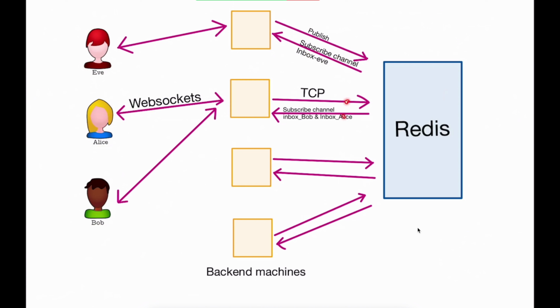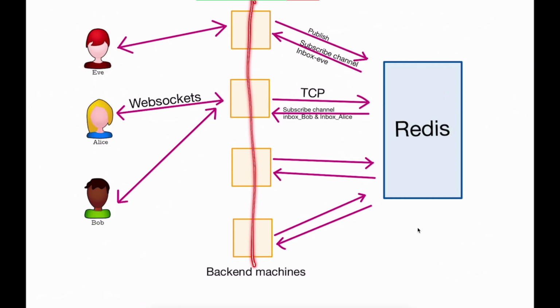Likewise here, one to publish, one to subscribe, and these all are TCP based connections. So at the network layer, the protocol used by Redis is TCP. They have some layering on top of it for the application layer, but that's what they use. They use TCP to connect to Redis. So WebSocket connection here and the TCP based connection here.